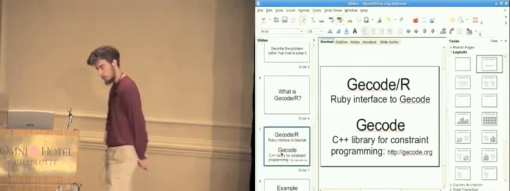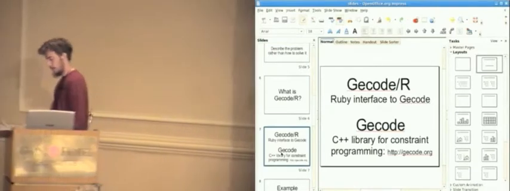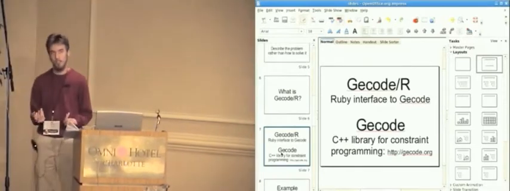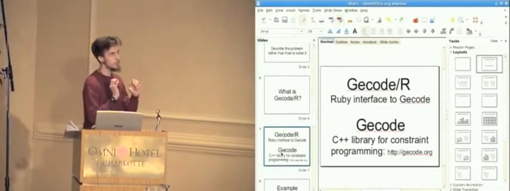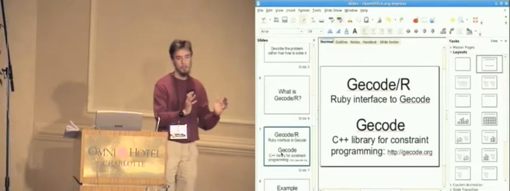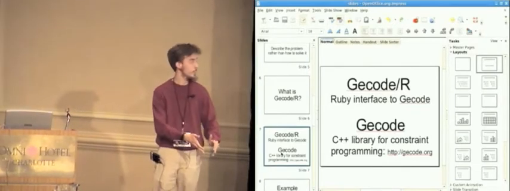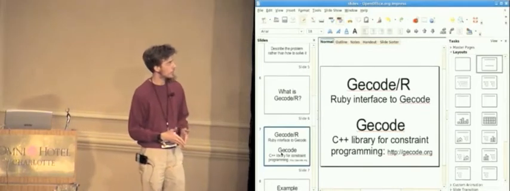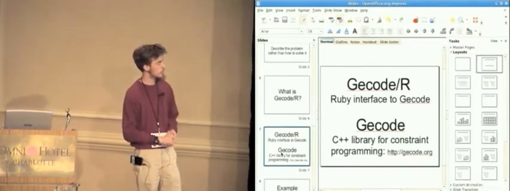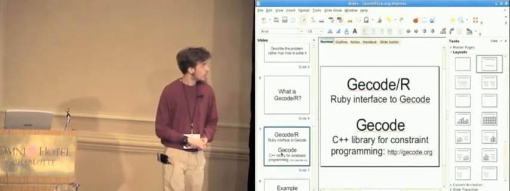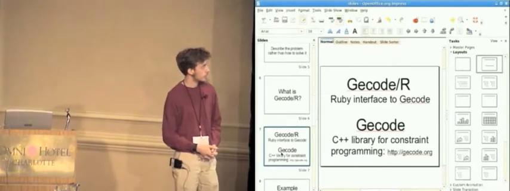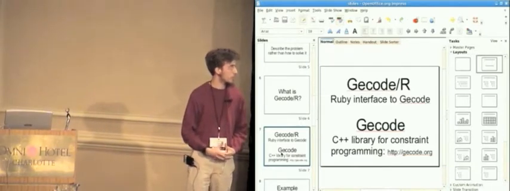What this means is that Geocode R gives you the interface to describe your problems, and then the problems are sent on to Geocode. I've only written Geocode R here. I've not written Geocode. I'm not involved in Geocode. So basically, Geocode R gives you access to this constraint programming library in Ruby.